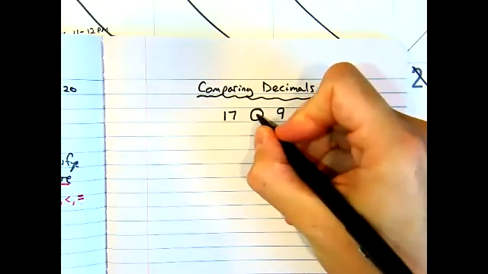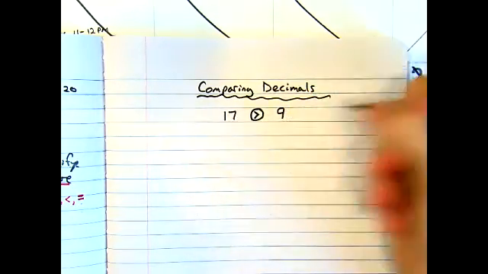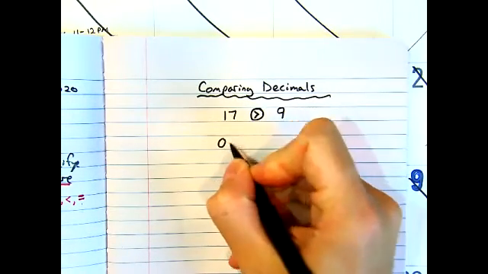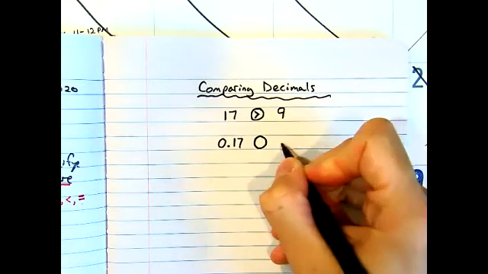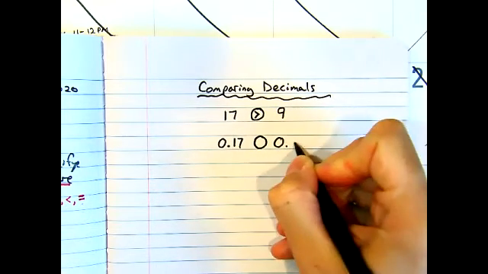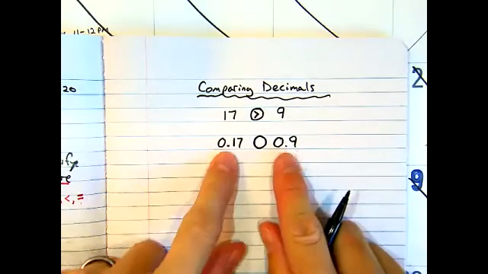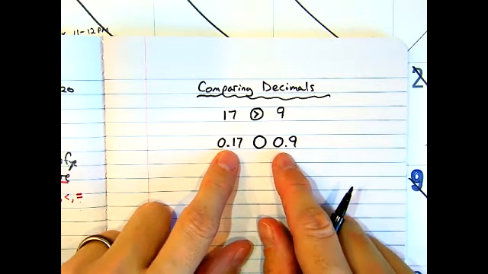You're absolutely right, 17 is bigger. So I would go ahead and put greater than. So 17 is greater than 9. Cool. What about 0 and 17 hundredths compared to 9/10? If we were comparing these two decimals, which one would be bigger?